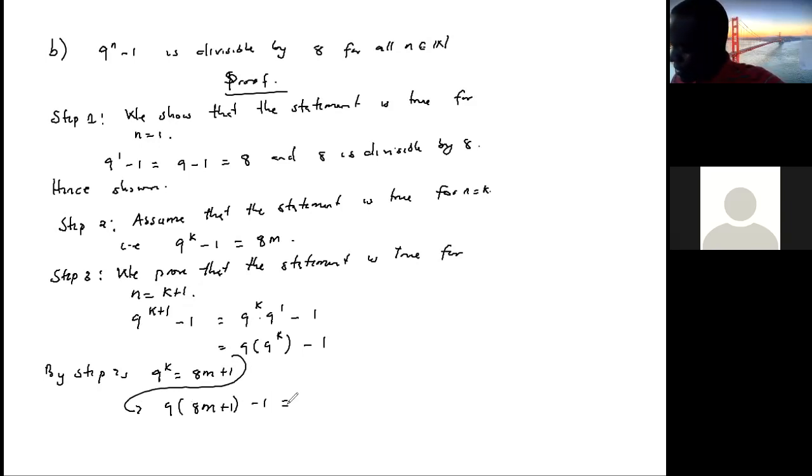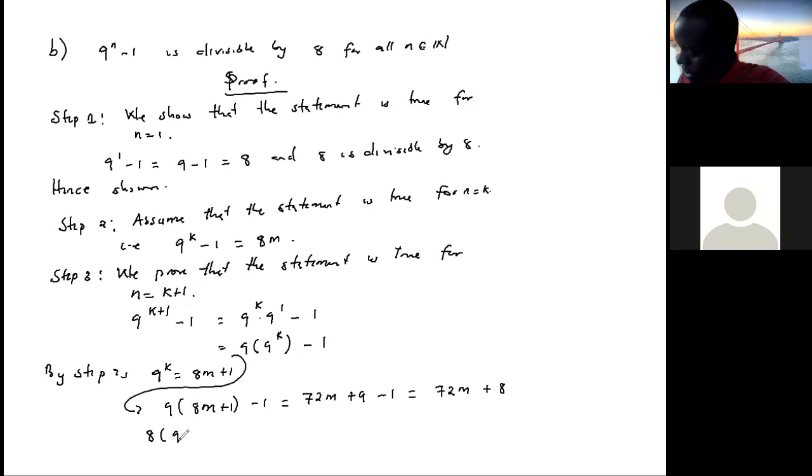This is going to be 9 by 8. We get, is it 72? So we get 72m plus 9 minus 1. This is just 72m plus 8. So we can factor out 8 again.